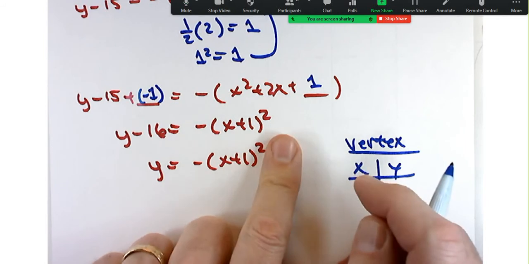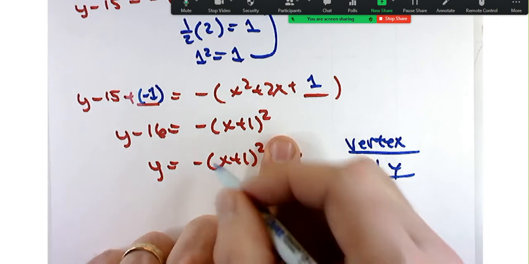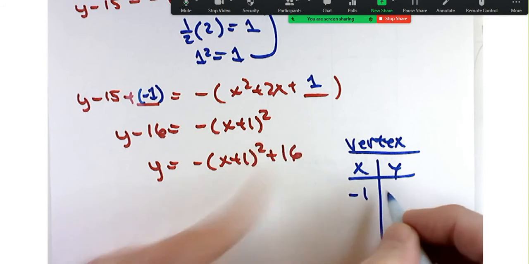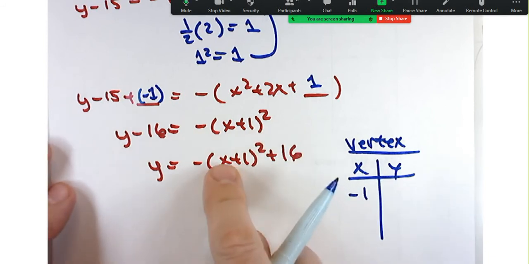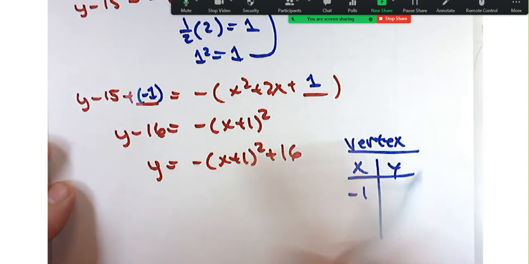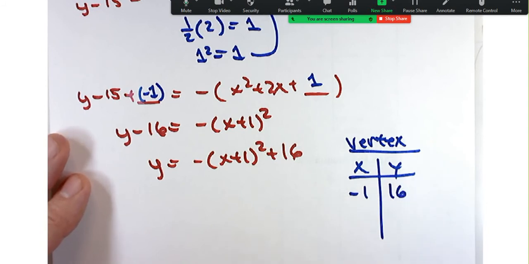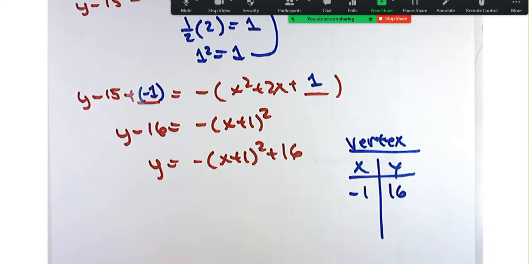You don't have to look at that, just look inside the parentheses. What makes this 0? X equal to -1. And if I put in a -1 here, this whole thing would be 0. What would I get for y? 16. 16, perfect. So that should be the vertex.